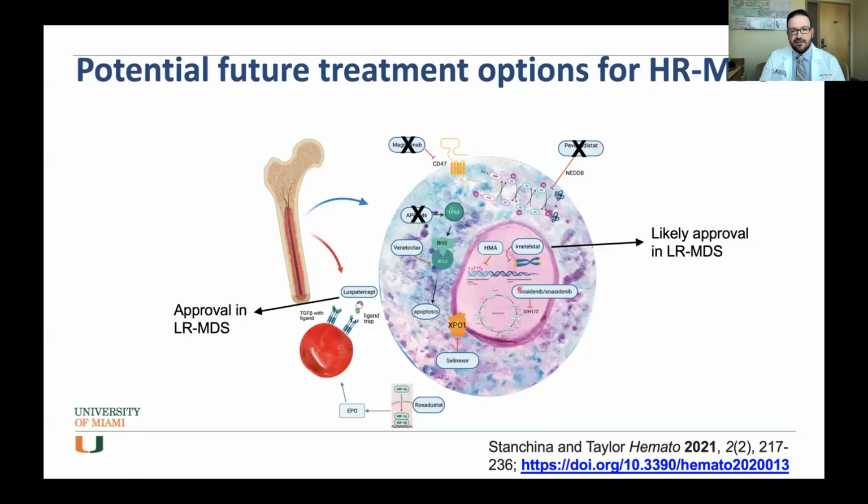Oh, and then I just wanted to mention some of the other targets that are still very promising, which is venetoclax. This is a drug that is approved in AML in combination with azacitidine. So you would actually think that this should work in high-risk MDS. However, the studies are ongoing.